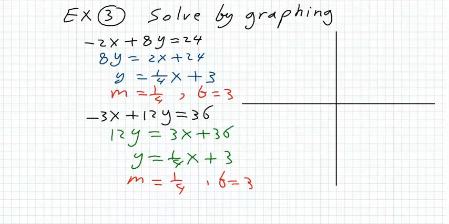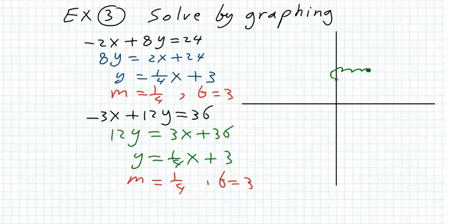The first line, the y-intercept is 3. So we have a point here. The slope is 1 over 4. So we will go up 1 unit, going 4 units to the right, we have another point over here.